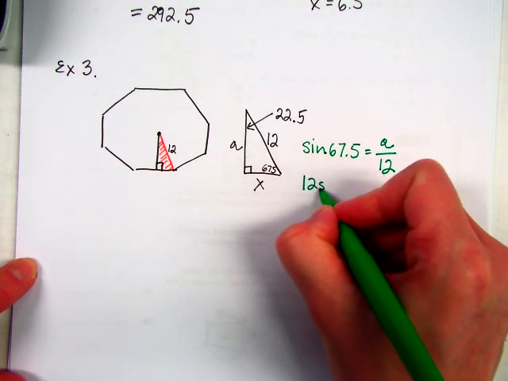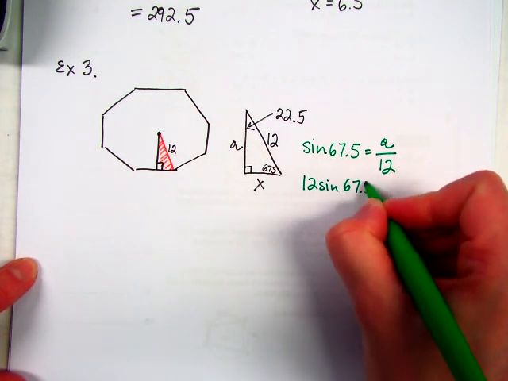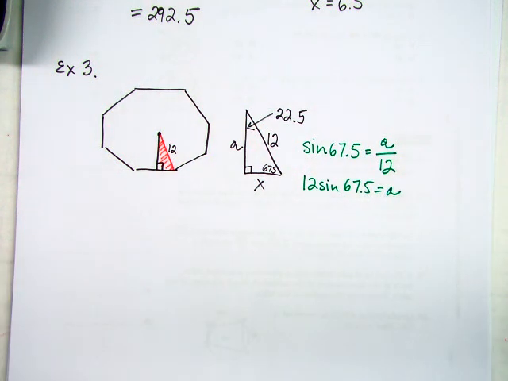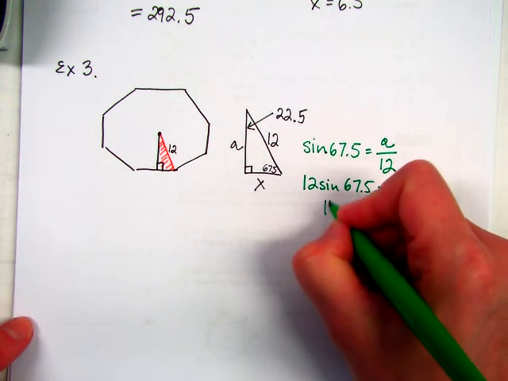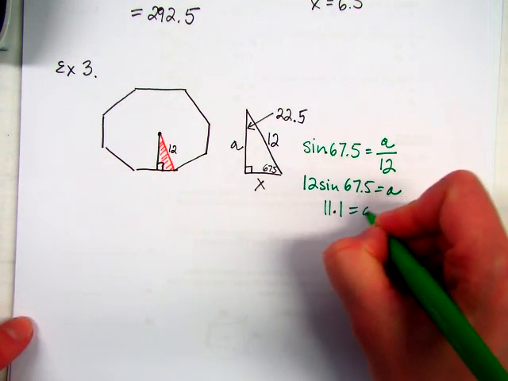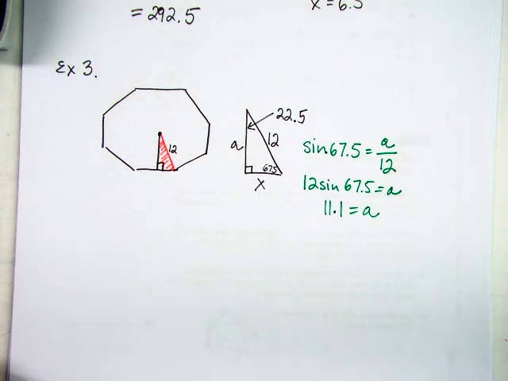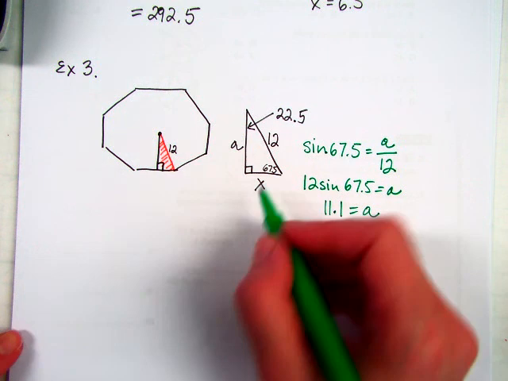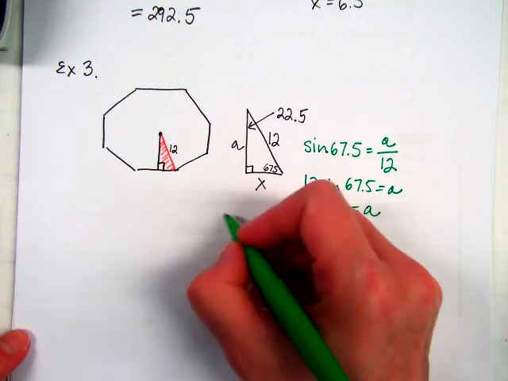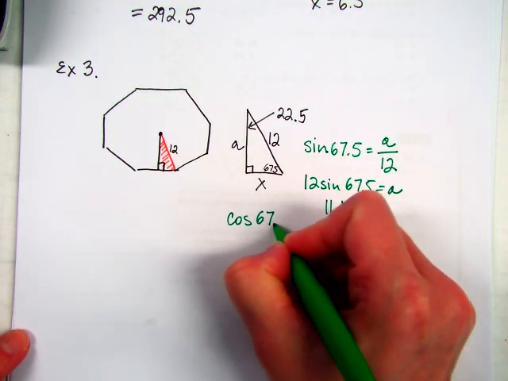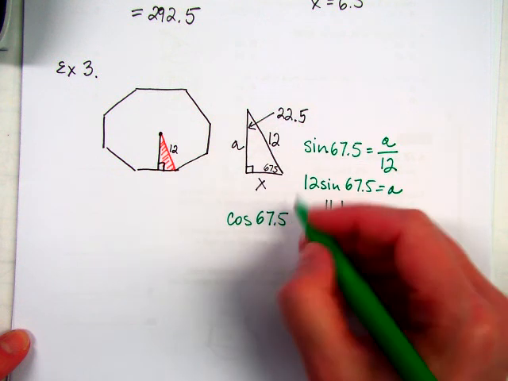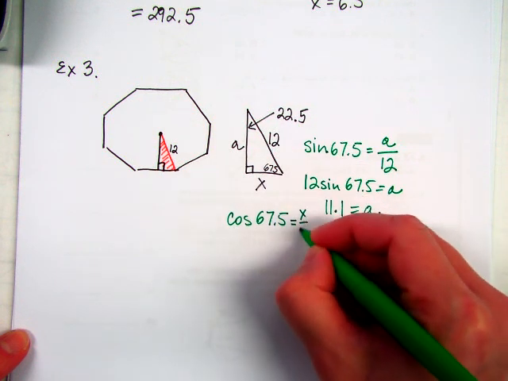So 12 sine of 67.5 is going to be A. What'd you get? 11, or like 11.1 maybe. And now we could do cosine for x. Cosine of 67.5, and you also could have used this angle, it doesn't matter. It's x over 12.